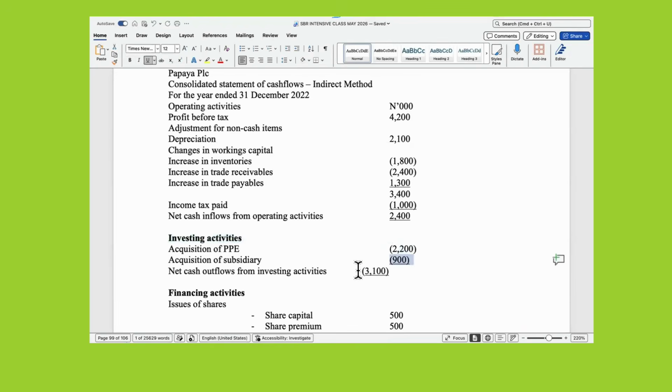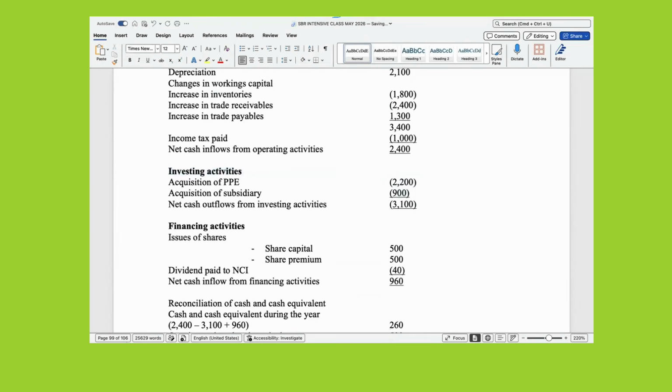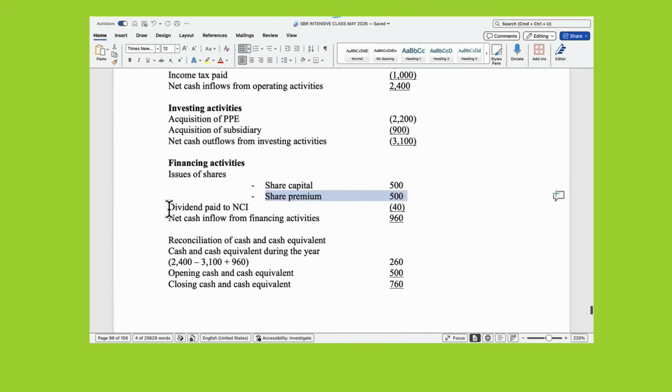So if I add the two together, 3.1. For my financing, I identified inflow for share capital and share premium, 500 each. My dividend paid to NCI for movement in NCI, 40 outflow. If I accumulate this, I get 960 as net cash from financing activities.